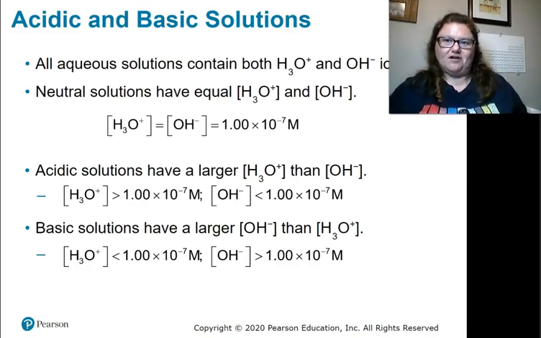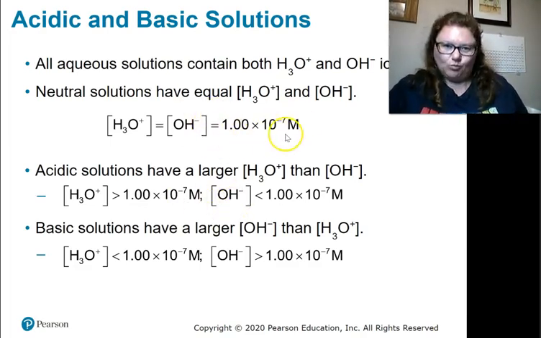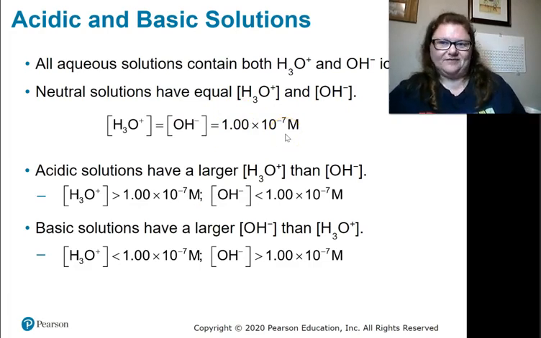Acidic solutions are classified as such because they have a greater hydronium concentration. So we have a greater than sign here, just meaning that the hydronium concentration would be greater than 1 times 10 to the negative 7. And it could be just by a couple decimal places or 1 decimal place, as long as it's greater than the 1.00 times 10 to the negative 7.